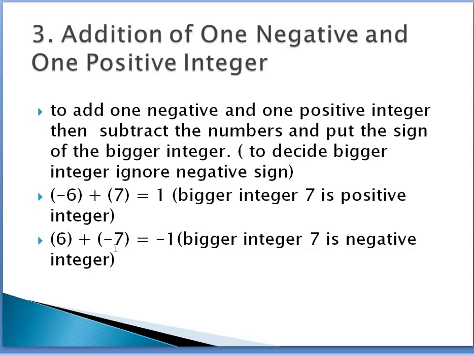What is the sign of this bigger integer? Minus. So you put that minus here. Remember, when deciding the bigger, don't look at the negative sign. Only 6 and 7. So 7 is larger, and its sign is minus.